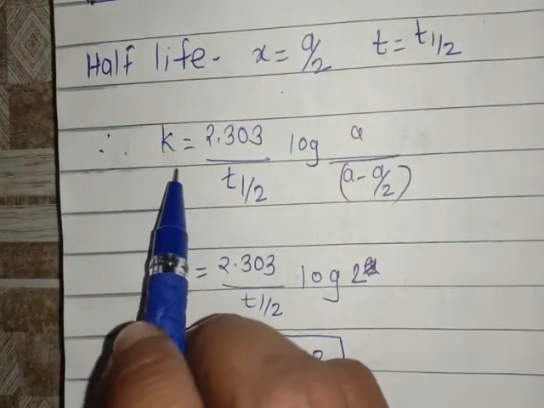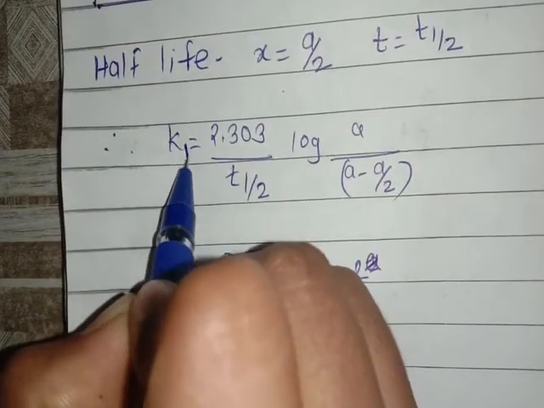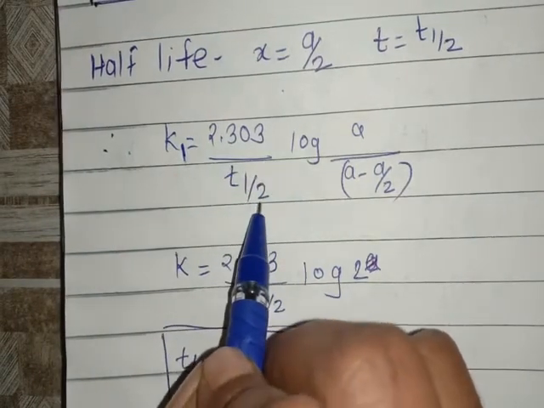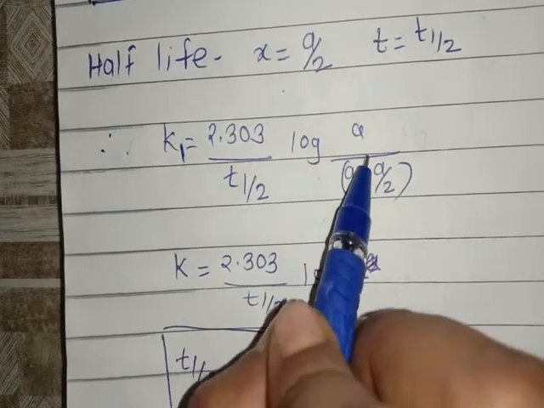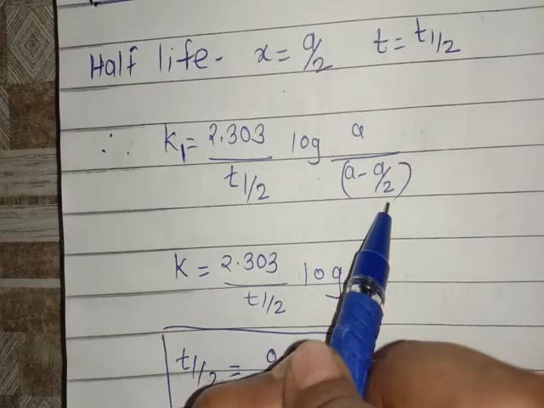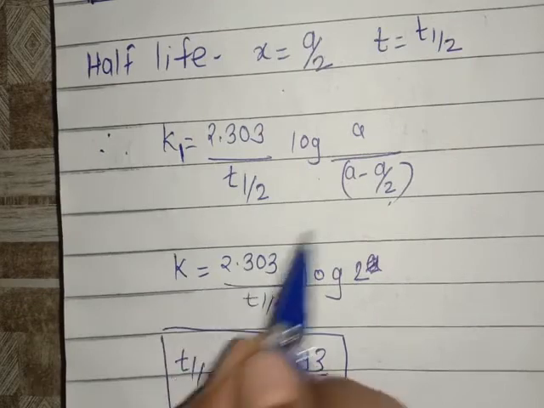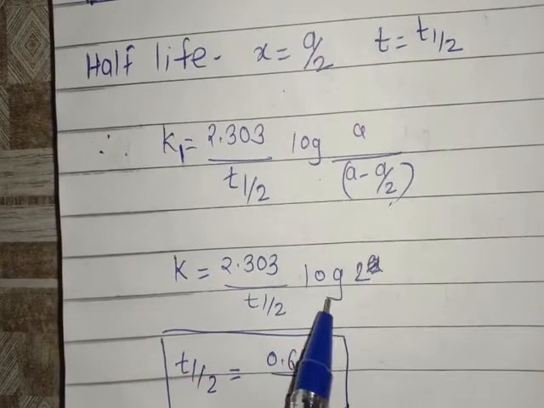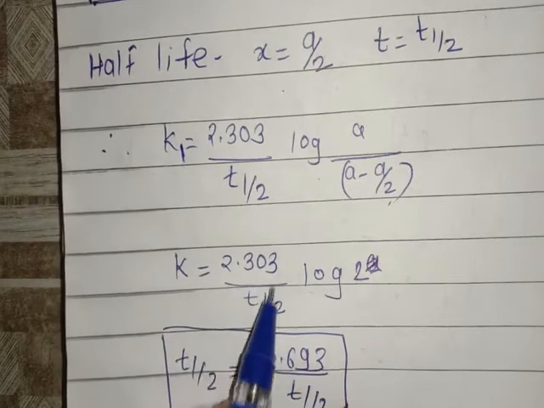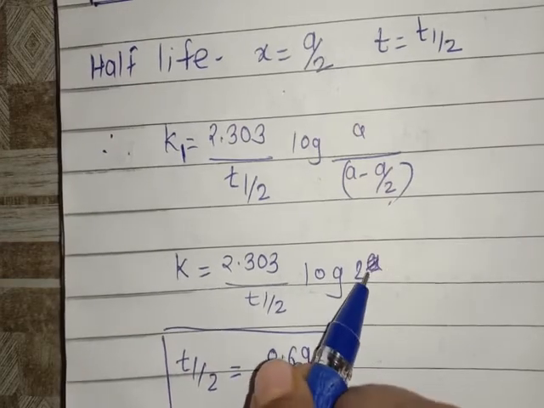So putting the values in the first order rate constant equation, that is k1 is equal to 2.303 upon t half into log of a upon a minus a by 2, that is, x we can replace with a by 2. Then after solving this bracket, we can get the value of k is equal to 2.303 upon t half into log of 2.